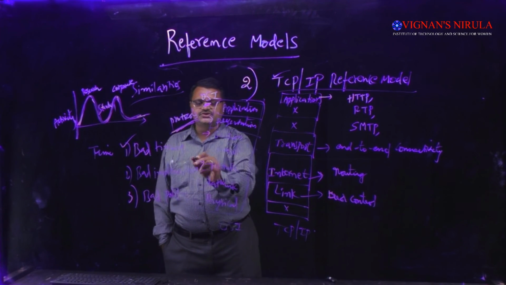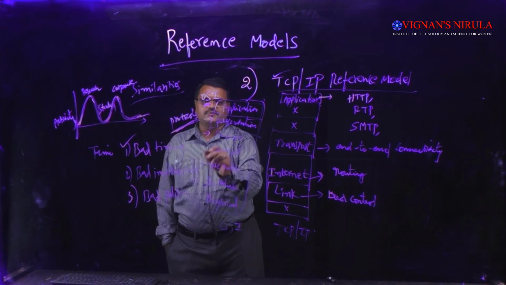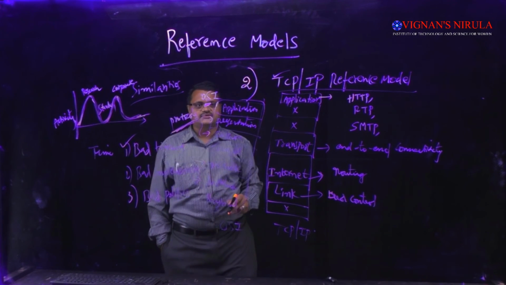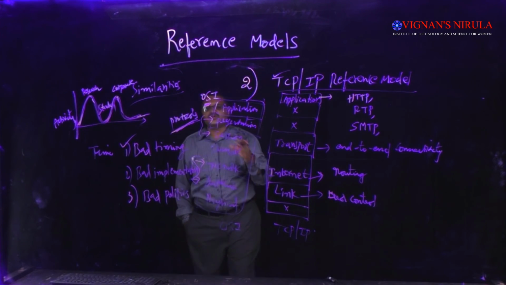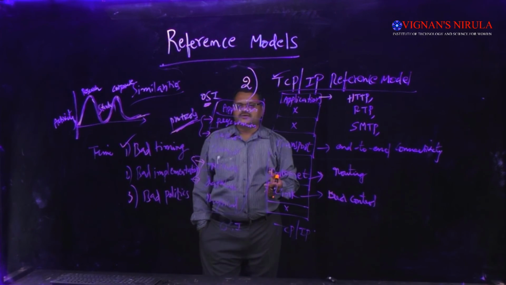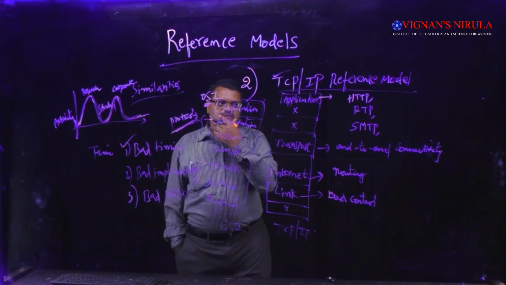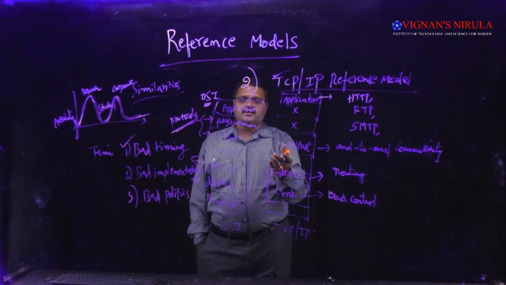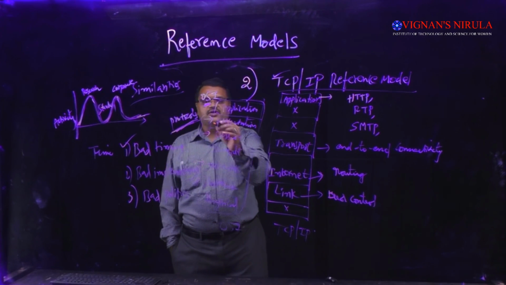So only these two layers are overwhelmed, whereas these two are lightly worked. That means the layers are not fully functional, so in OSI we cannot call them layers.